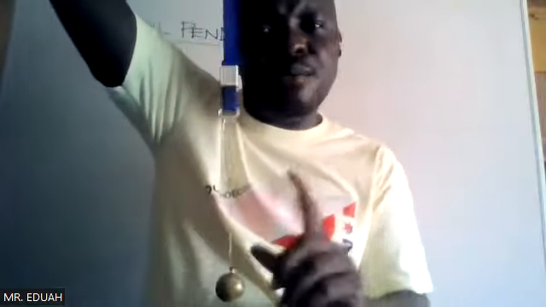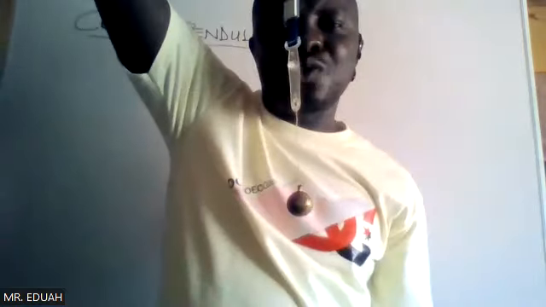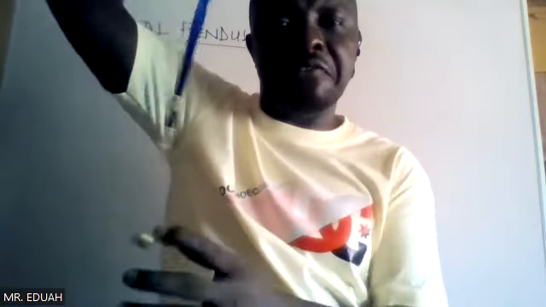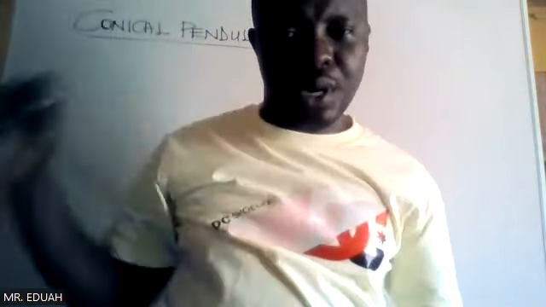So you can tie any mass, it can be a book, it can be something, any mass to a massless string, and then made to oscillate. When given a support, you have a simple pendulum.